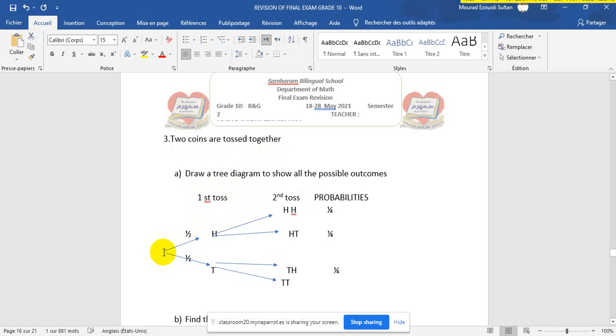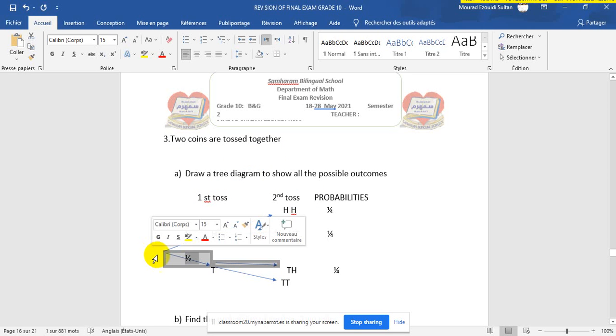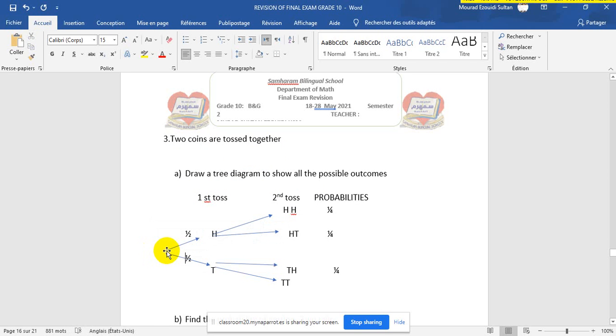Draw an arrow like that and write 1/2, and here also 1/2. This is a head, and this is a tail.